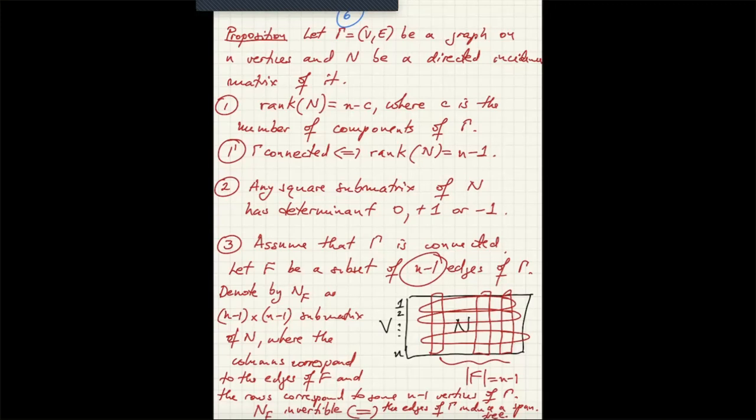But here we have an equivalence between this combinatorial condition. We are picking n-1 edges from the graph. And saying, okay, the subgraph which has the vertex set of gamma, 1 to n, and these n-1 edges, this subgraph is a tree if and only if this submatrix of the incidence matrix, N_F, is invertible. Okay, so let's try to prove some of these things. Okay, let's see how it goes.